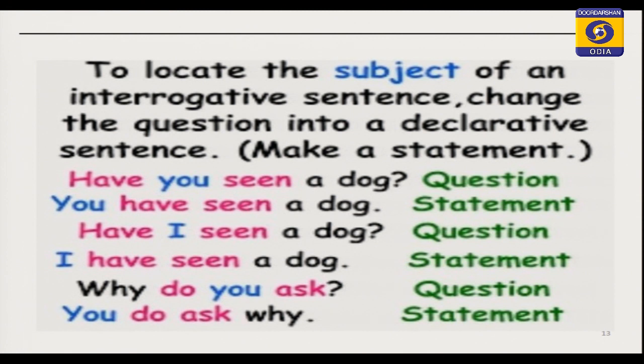Make it a statement: You do ask why. The blue color word is the subject. Find the red colored words. These are the verbs. When you turn the interrogative sentence into a statement, the subject comes before the verb. Isn't it easy for you to locate the subject of an interrogative sentence? I think it is.